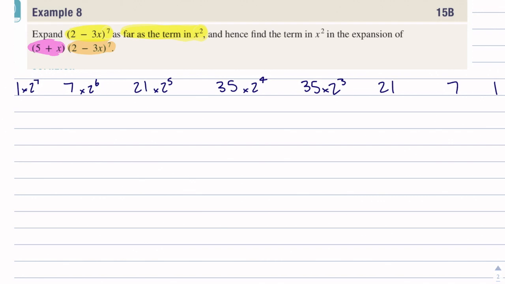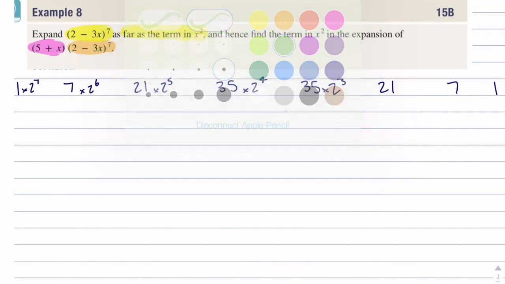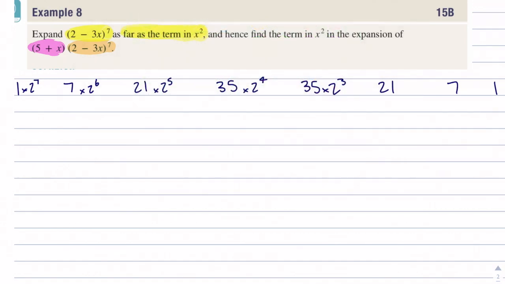I'll continue the rest if I need to, because I'm only going as far as the term in x squared. The one that's going to have an x squared term is this minus 3x. Don't forget it's not going to happen in the first one: times minus 3x, times minus 3x squared, times minus 3x cubed.